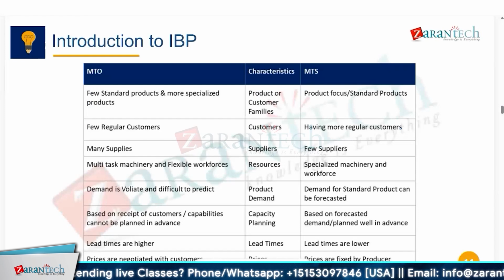I won't say that all the products are extremely special in nature, but there would be some products of the standard category which are not offered to each and every customer. They are offered to limited customers.